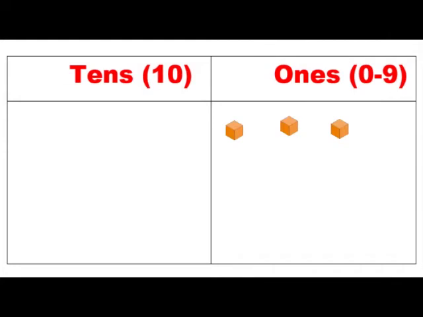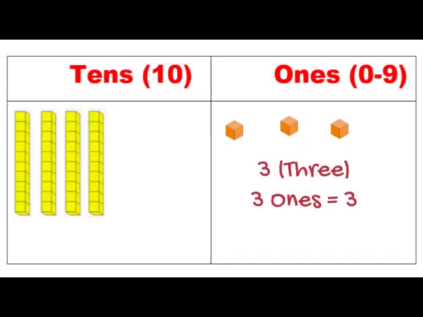Let's start the next one. So in this one, we have 3 cubes in the ones place. So that makes it 3. 3 ones is equal to 3. And in the tens place, we have 4 blocks. So that makes it, correct, 40.